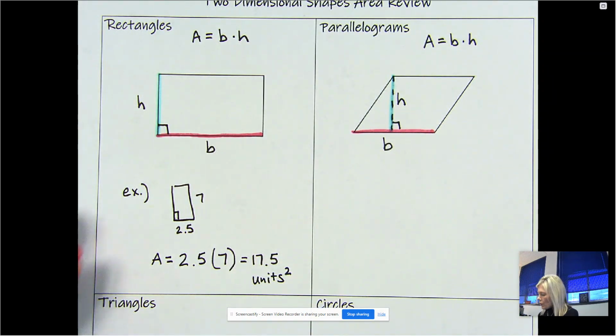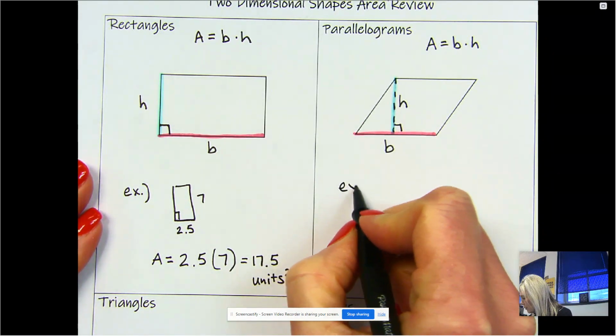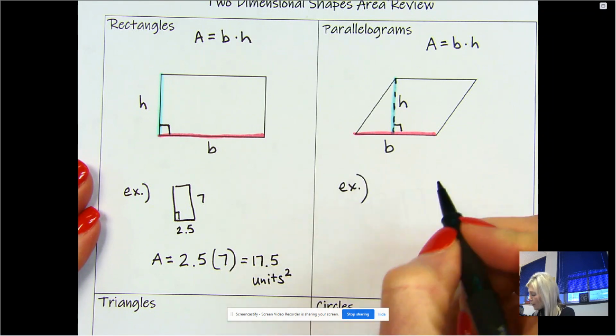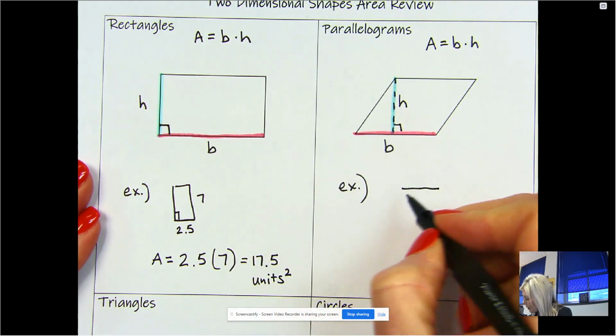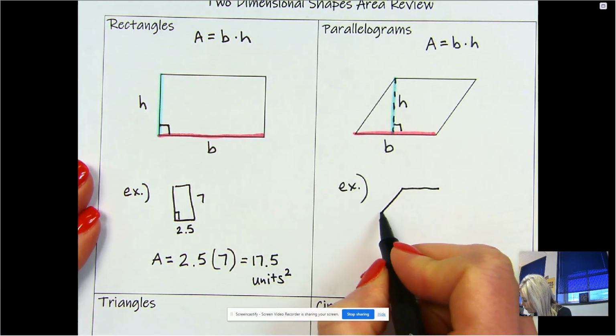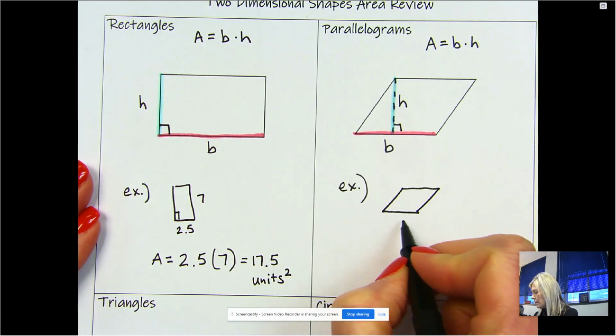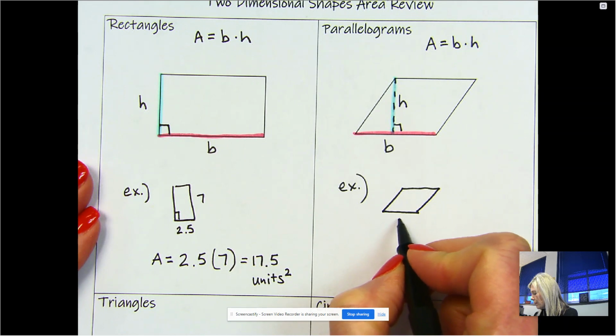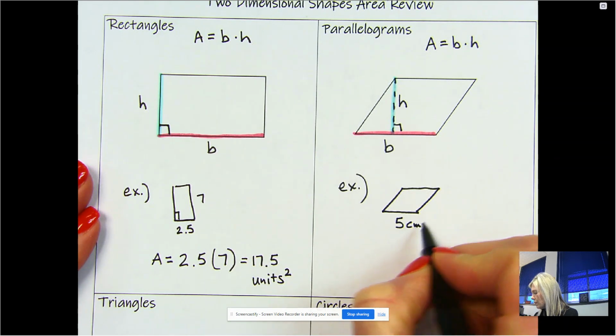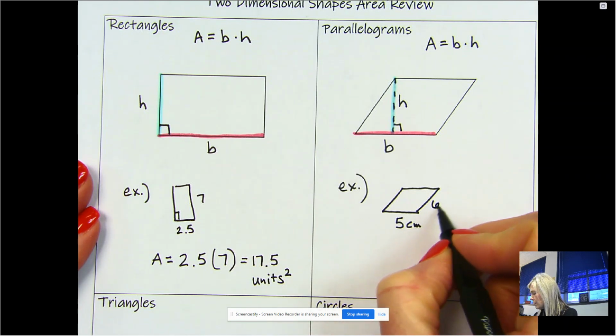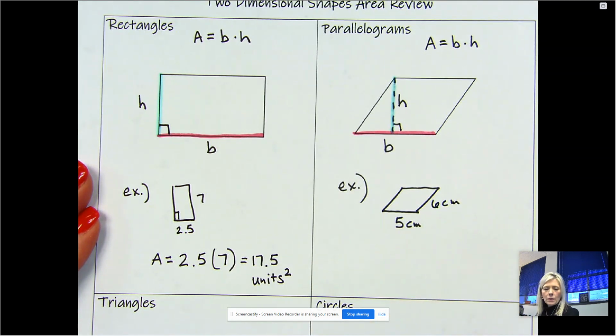Okay, so an example here, let's say I have a parallelogram, and maybe this is 5 centimeters, and this is 6 centimeters.